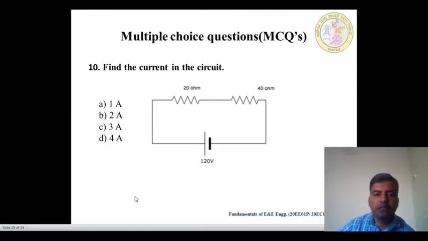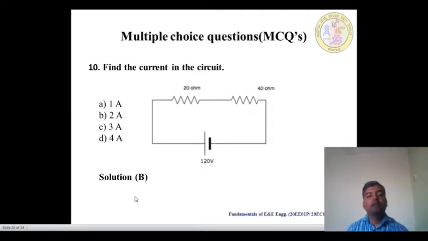The effective resistance R equivalent equal to R1 plus R2, that is 20 ohms plus 40 ohms, 60 ohms. The current is given by V divided by R, so 120 divided by 60, 2 amps. B is the right answer. So here we come to the end of the multiple choice questions.